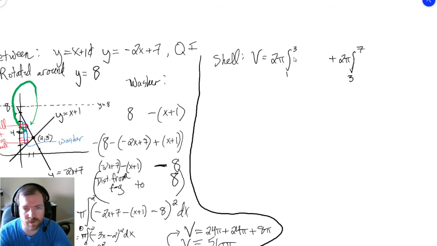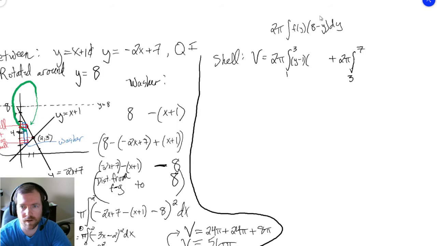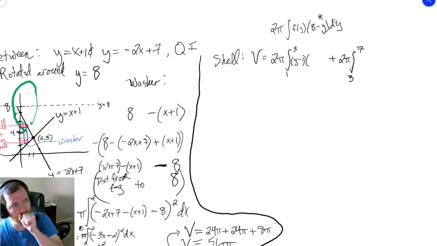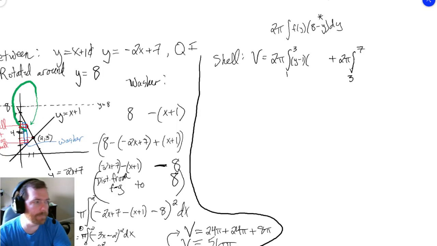We have the original function, x plus 1. That's going to be y minus 1. It's the inverse of this. Times, instead of y, this is now going to be 2 pi times the integral of f of y times 8 minus y dy.